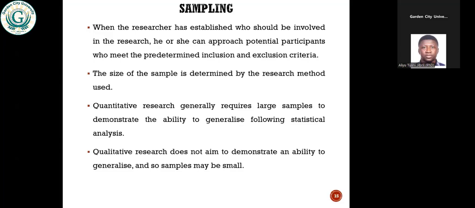All right, so now we are going to continue from here. Once the researcher has decided who to include, they have to approach the potential participants based on predetermined inclusion and exclusion criteria. So as part of our research, we set inclusion and exclusion criteria.